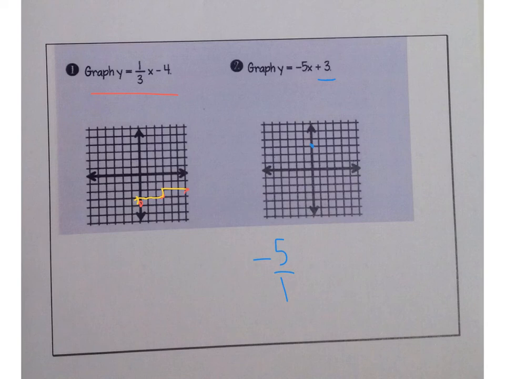So every time you go over 1, you're going to go down 5. So that's going to be my second point. And I'm not going to be able to graph the next one all that well, but it's over 1 and then down 5. 1, 2, 3, 4. So it would be about right here because I'm going off the graph. Connect the blue dots, you've got your line.